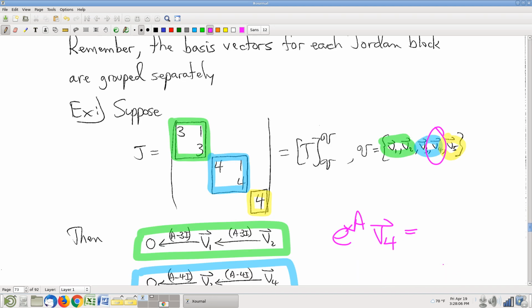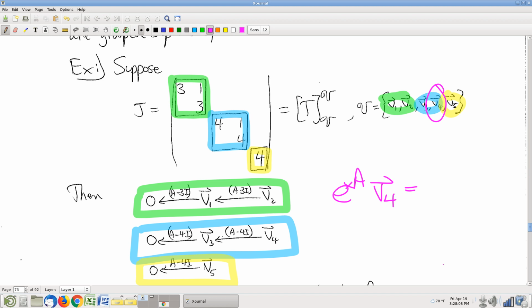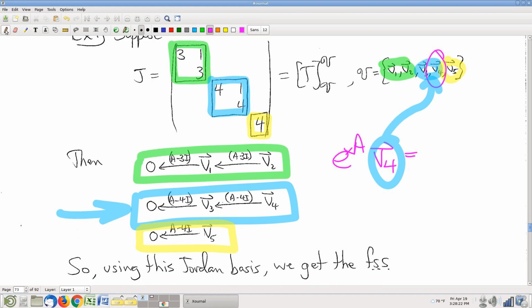So, applying as such, here's our little diagram. V4 is part of that blue block. So we're looking at this diagram, and I can write down, well, in fact, I already have it written down.